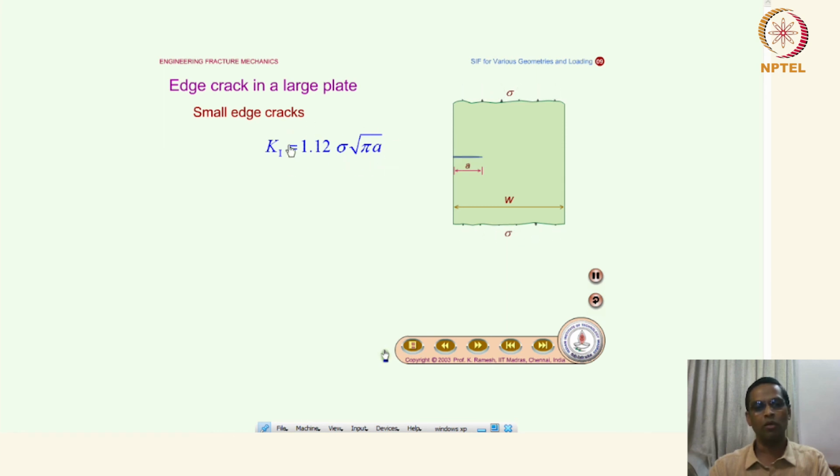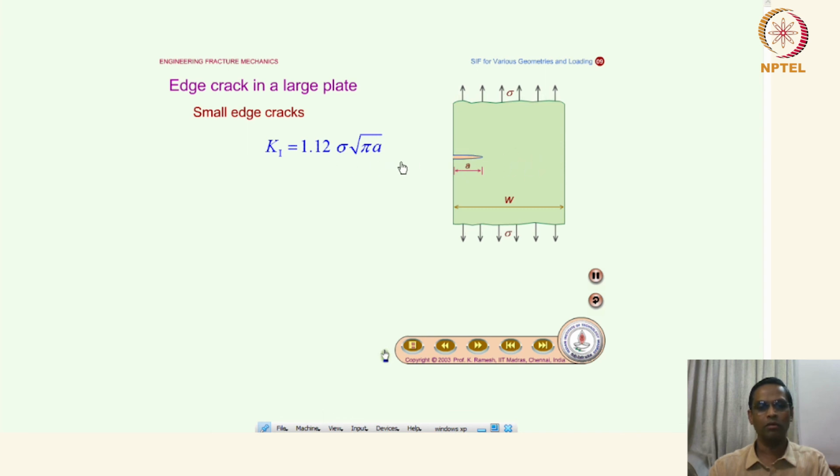What is to be noted here is that for the central crack, the stress intensity factor is K equal to sigma square root of pi a, which is now 1.12 times more than that of the central crack. So that means the severity of the crack at the edge is more as compared to the central crack.